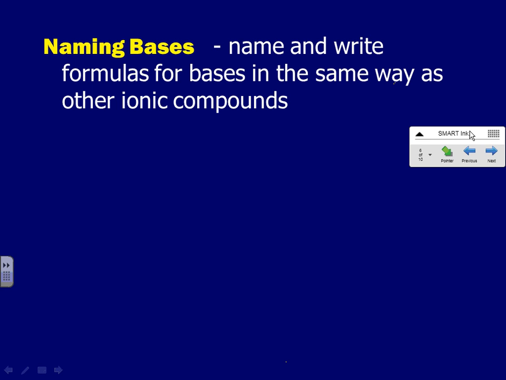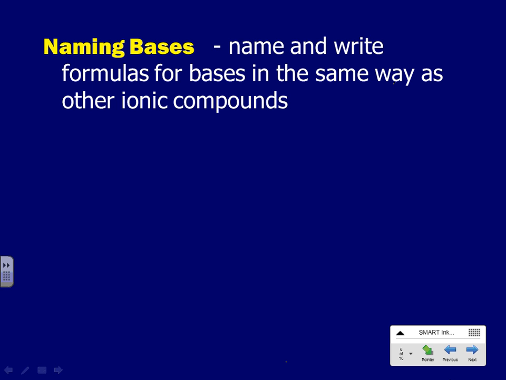All right, so there's some bases. And we're going to talk about naming bases here for a moment. And naming bases is easy. We're going to simply deal with the ionic hydroxides, so you name them the same way. Example. We've already seen NaOH, so that's not very exciting.